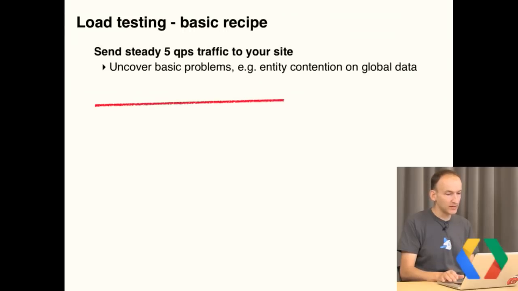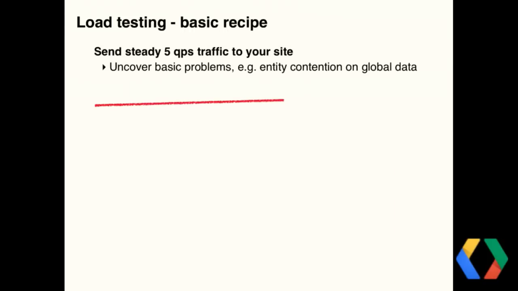So let's look at a basic recipe here. When you want to test traffic, let's say your goal is 1,000 QPS, 1,000 requests per second. If you were to just throw 1,000 on there, even if you use that nice little curve from before, but let's say you have some inefficiencies in your app that you haven't worked through yet, and those inefficiencies would normally kick up or start acting up at 20 requests per second.